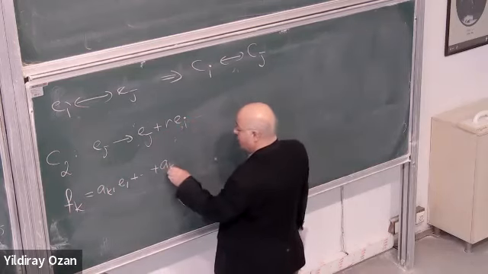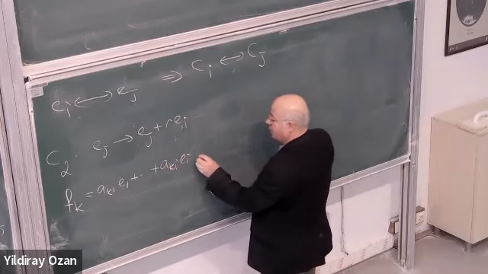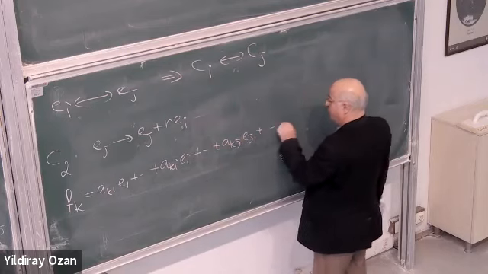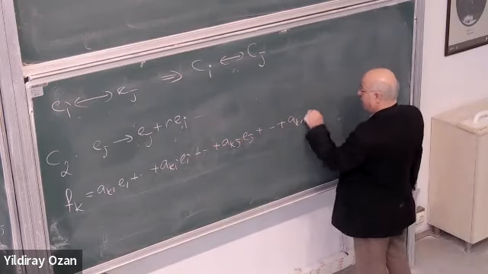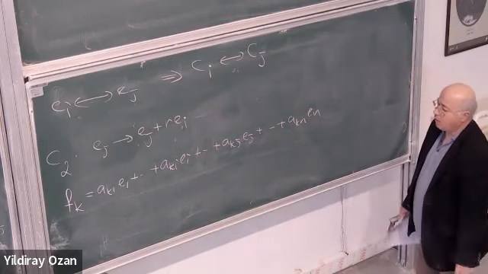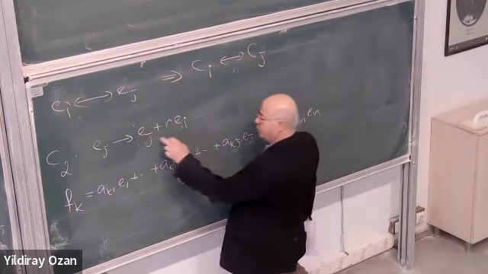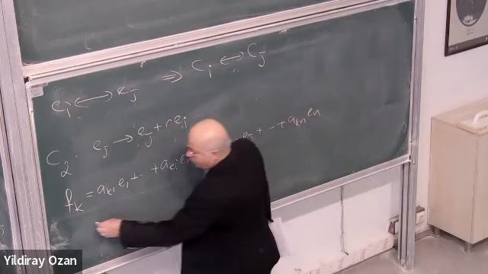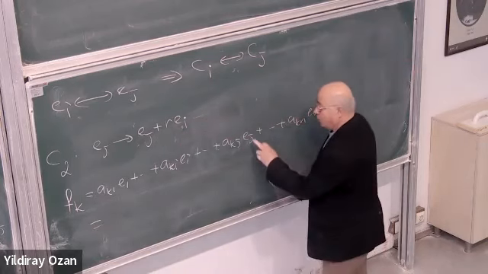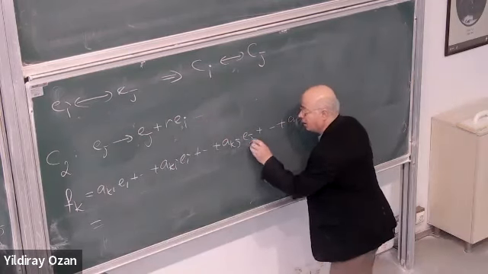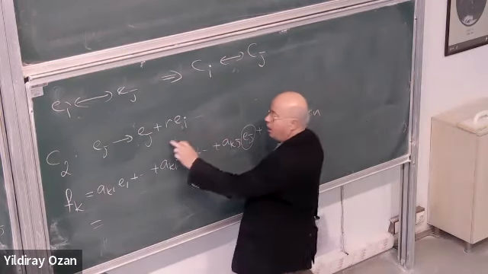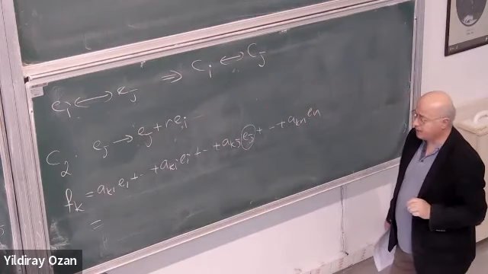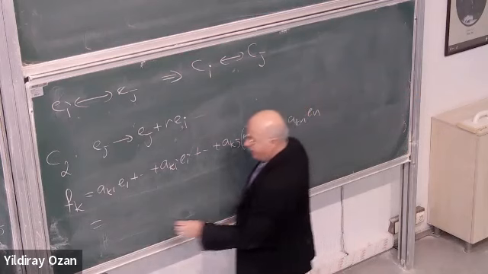Here I have AKI, EI, and then I have AKJ, EJ, and AKN, EN. Now I want to insert this element here. How can I do this? So instead of this EJ, I want EJ plus this guy.